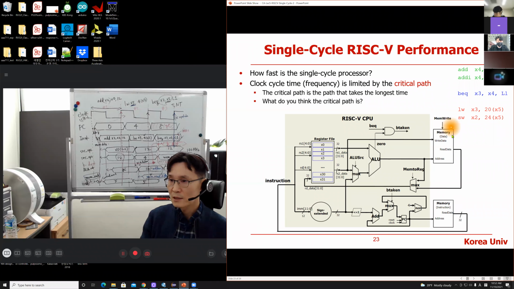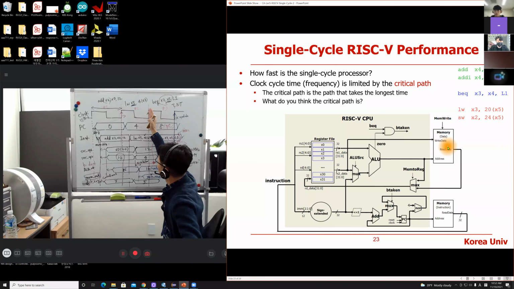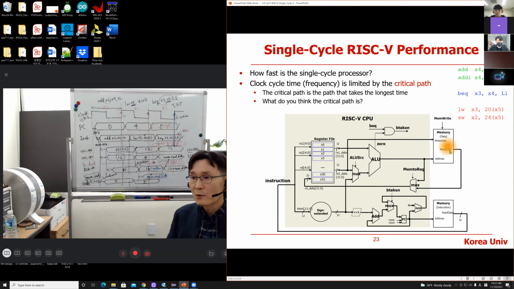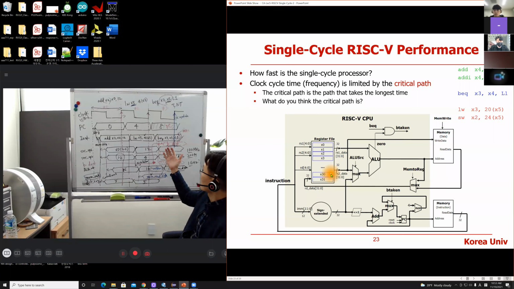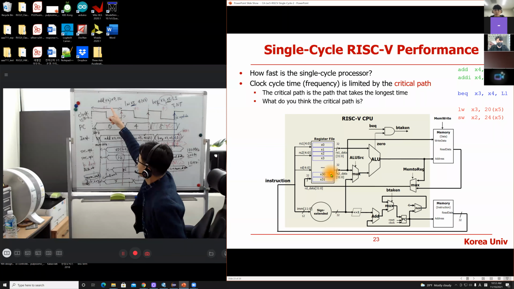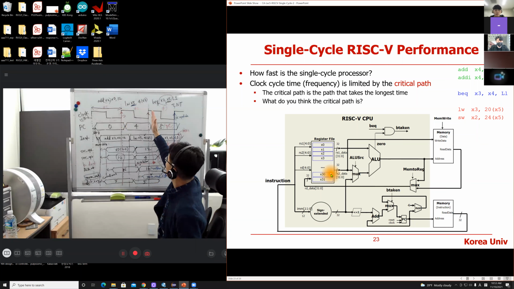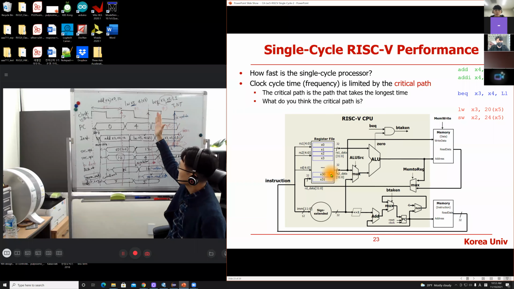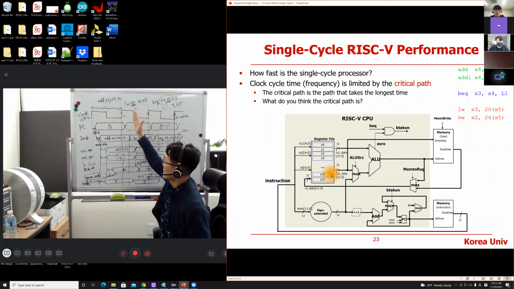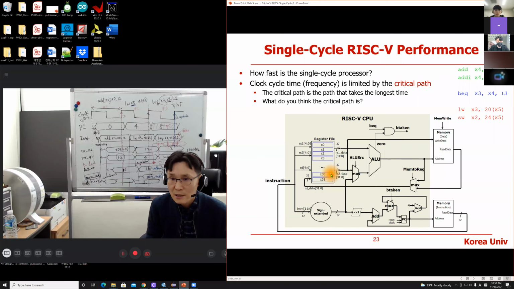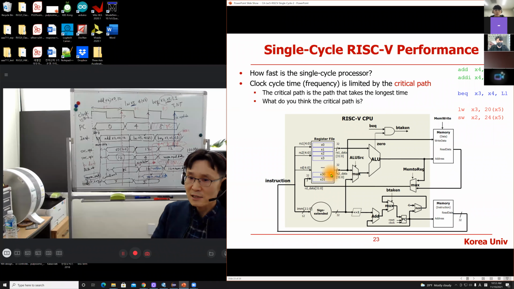Memory update is happening at the rising edge of the clock. Memory is also taking a clock, and the register file is also taking clock. So write operation, right? That X3 register update, X5 register update, is happening at the rising edge of the clock, right? So for that, you need clock signal.